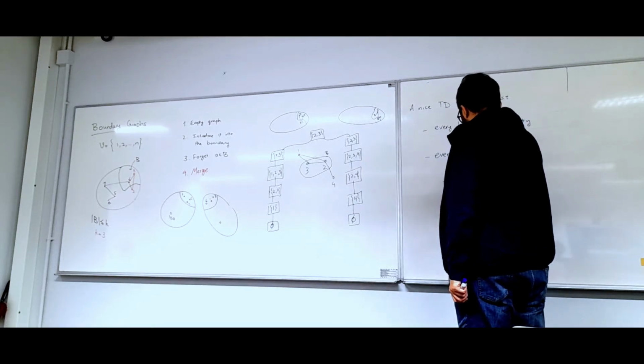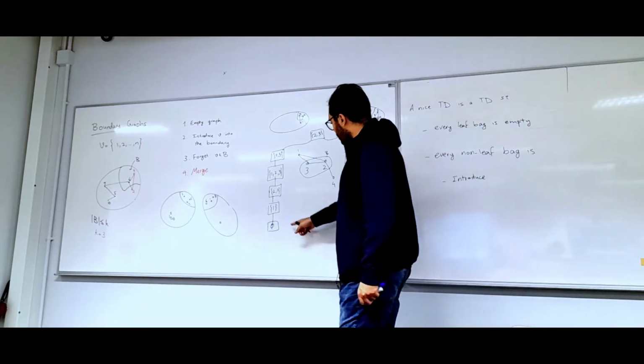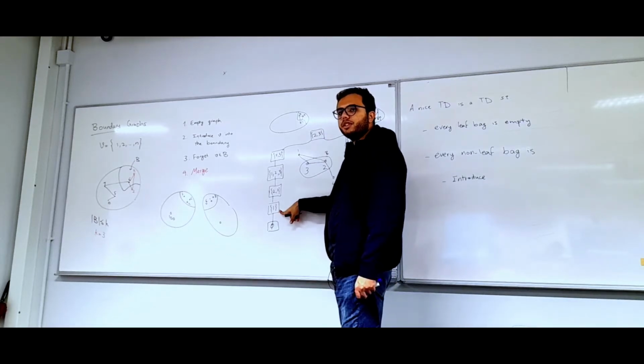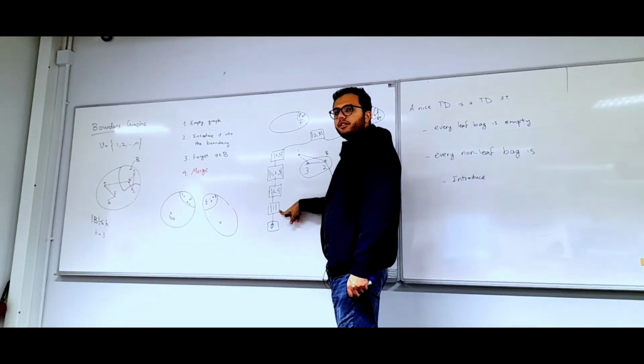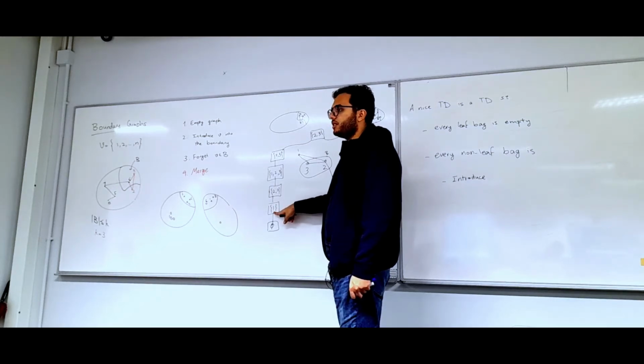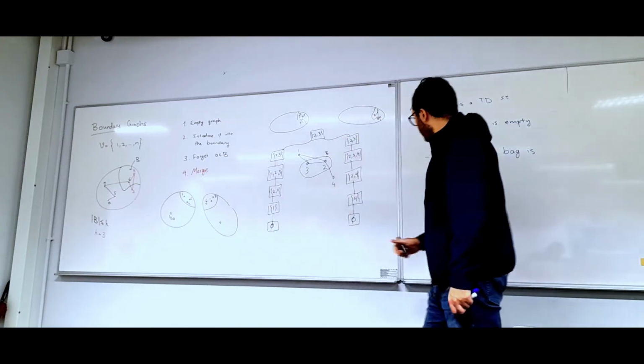So the first case is that it's just an introduce bag. Now, what does an introduce bag do? So for example here, remember I created this bag when I introduced the vertex 1. Right? So this bag, I just added something to the boundary. So it has exactly 1 child, and it has 1 more vertex than its child.